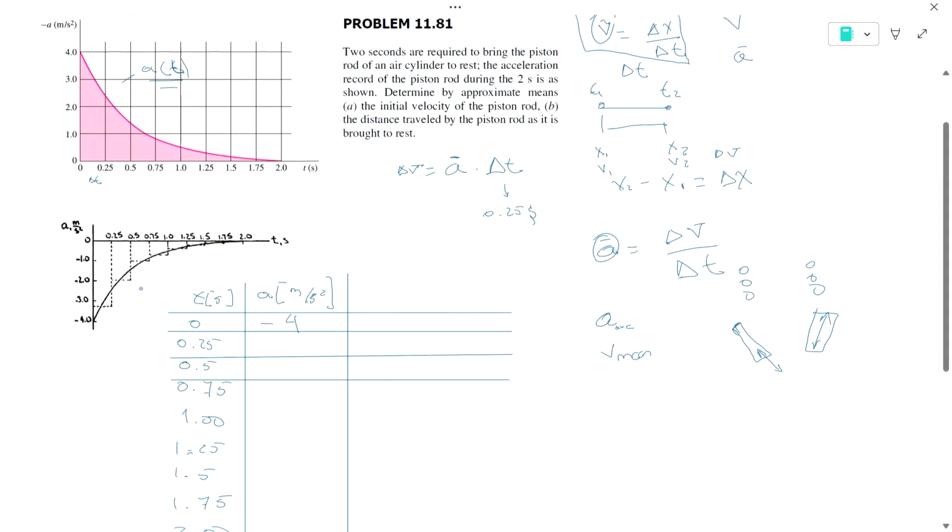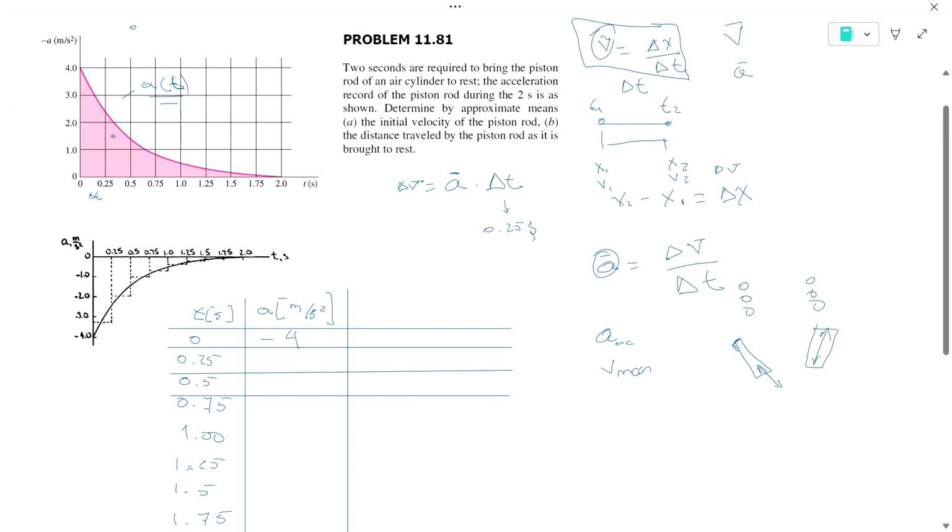At 0.25 is something, I don't know, is it going to be like negative 2.5? I don't know if it's 2.5, but we're going to approximate. Then at 0.5, we have something like, let's say 1.4.